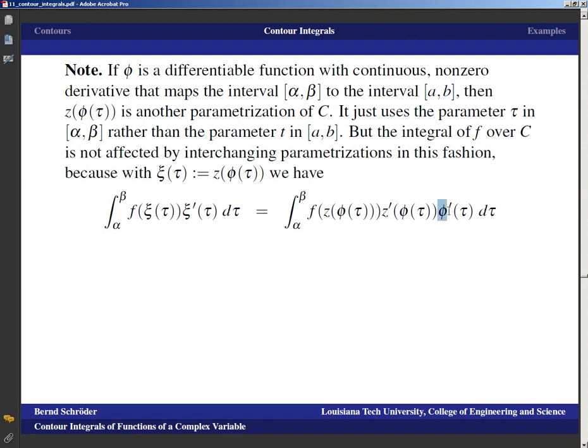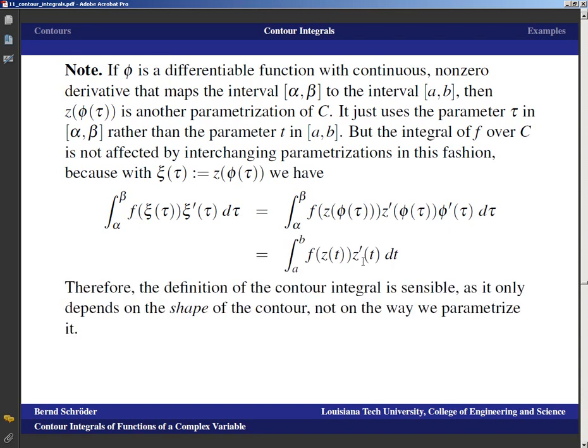And now we use a substitution, t equals phi of tau, and then dt d tau is phi prime, so this thing here is dt. And so that means this is the integral from a to b of f of z of t, z prime of t dt, and that's how the contour integral was defined to begin with. So the definition of the contour integral is sensible as an integral that only depends on the contour, only on the shape, and doesn't depend on the way we parameterize it.